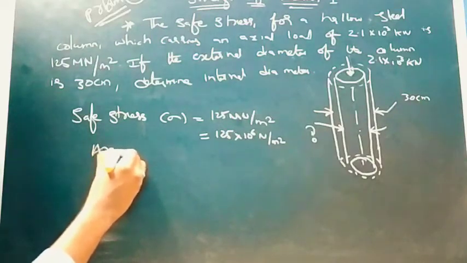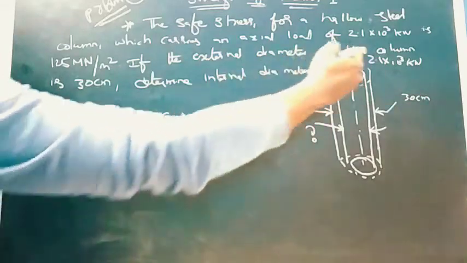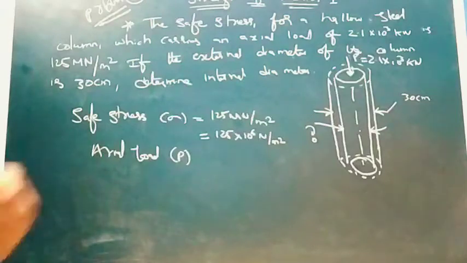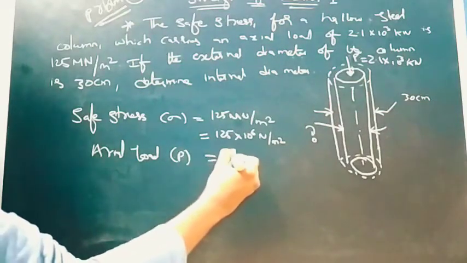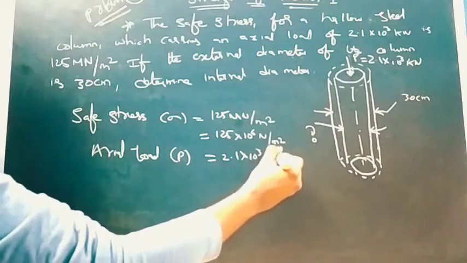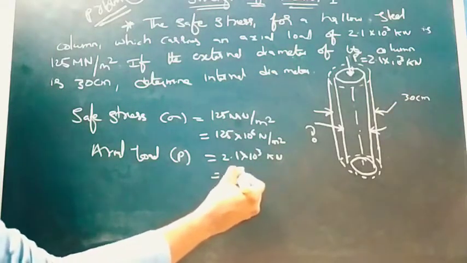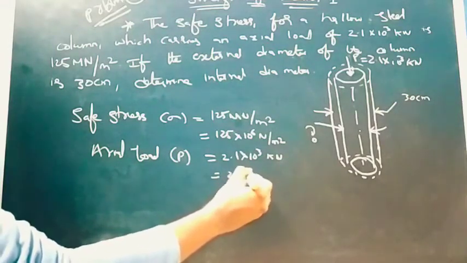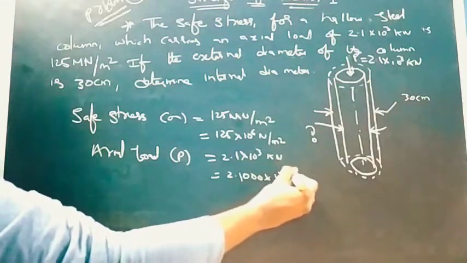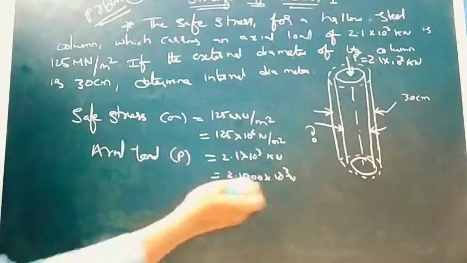The axial load is P, which is 2.1 into 10 to the power of 3 kilonewton.